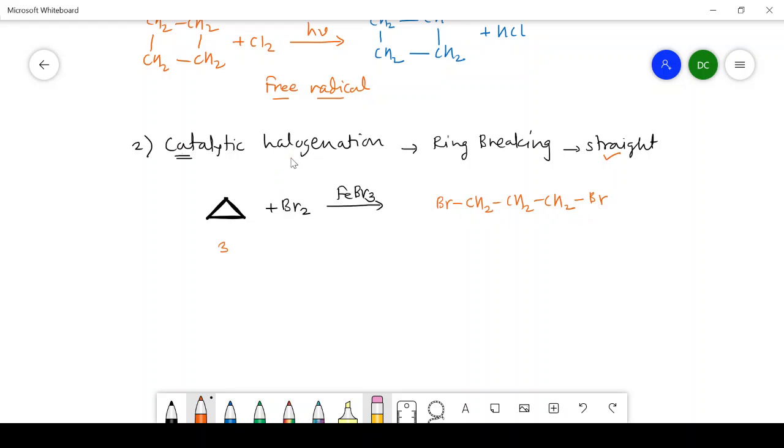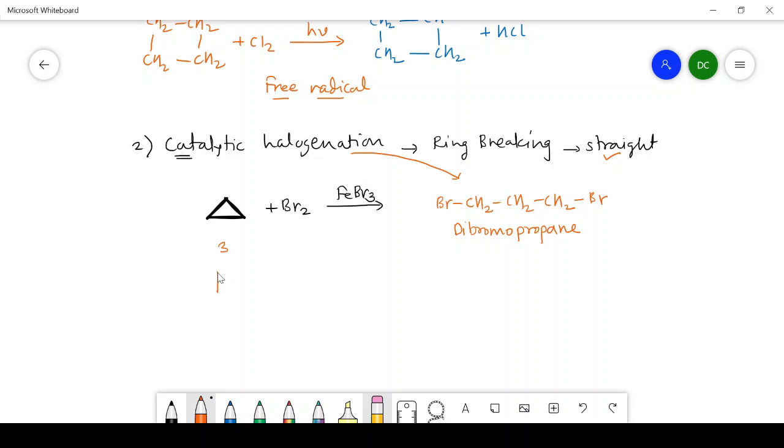So in case of catalytic halogenation of cycloalkane, we get a dihalo compound, and it is nothing but dibromopropane. In this way, we are getting a dihalo compound in a catalytic halogenation of cycloalkane.